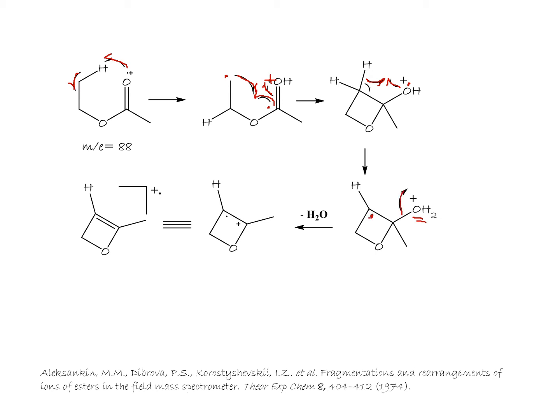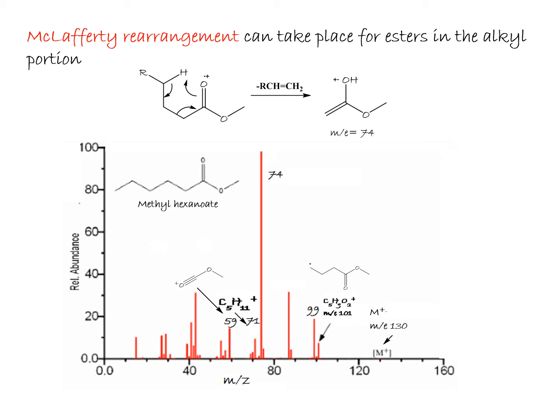Then minus water out, leaving plus here. I can write it this way, a double bond, cation radical, at m/e 70. We eliminated water.